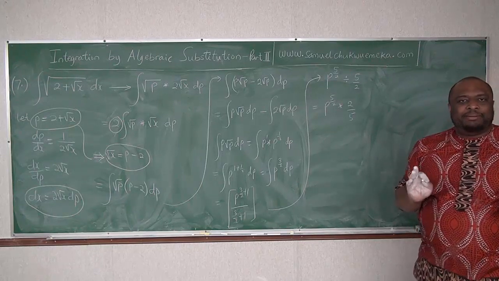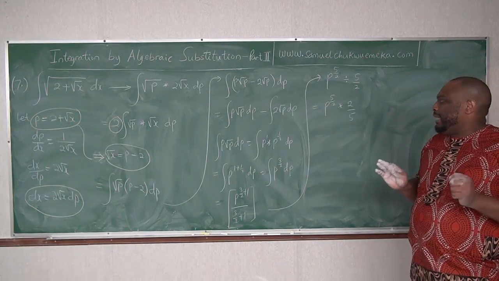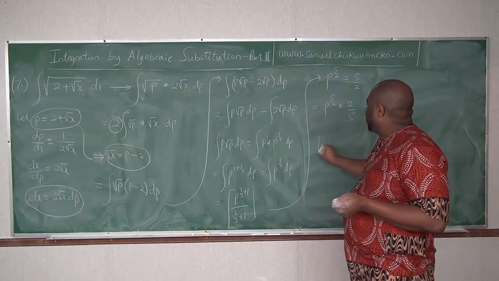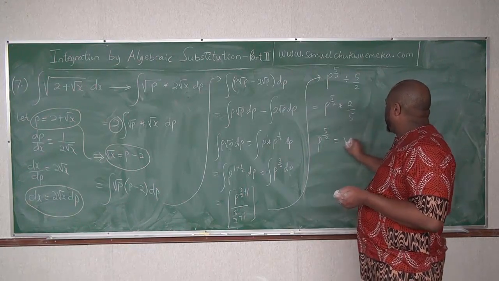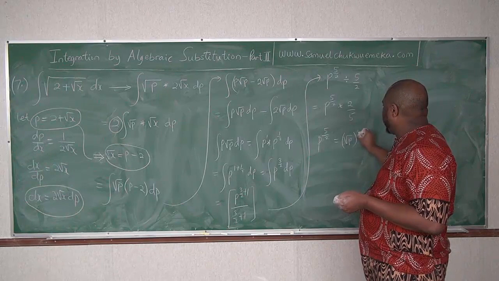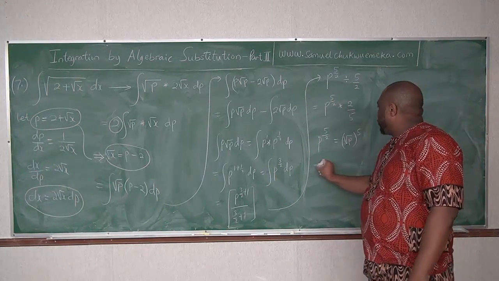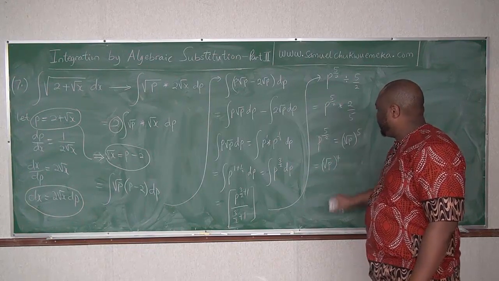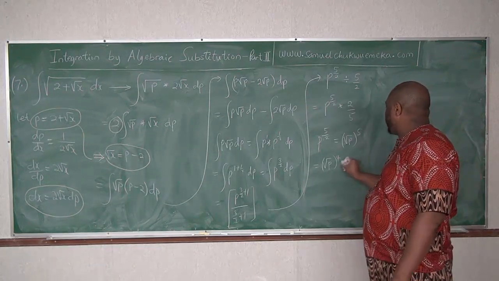Okay, can I simplify this p exponent 5 over 2 first? So p exponent 5 over 2 is the square root of p exponent 5, and that is equal to square root of p to the 4 times square root of p.